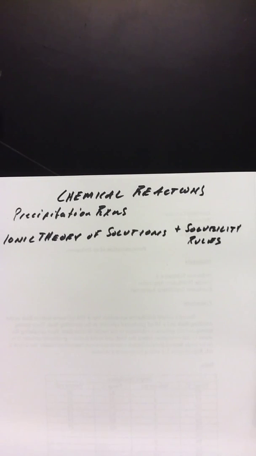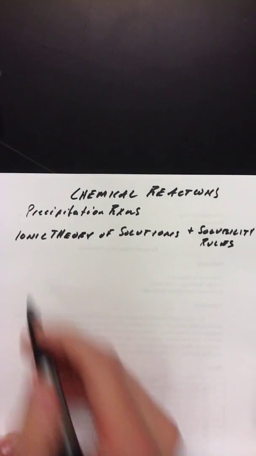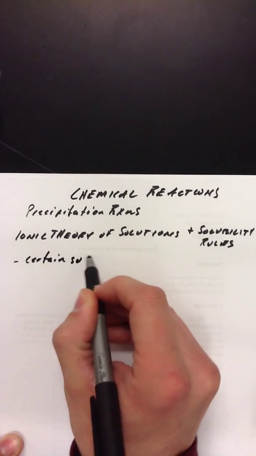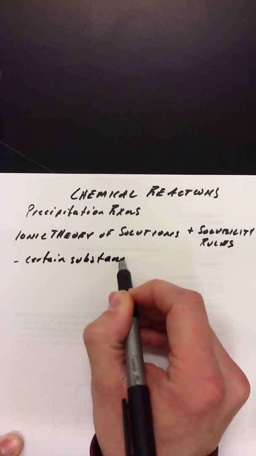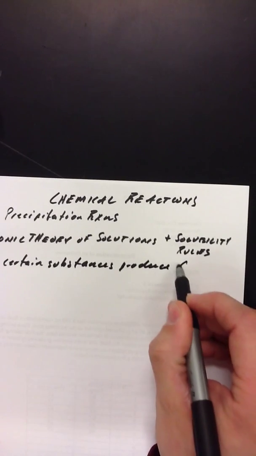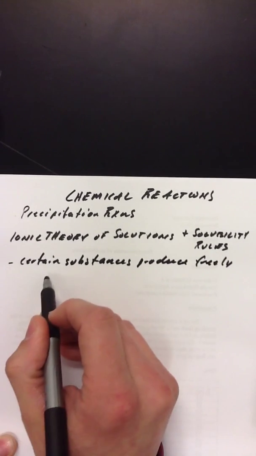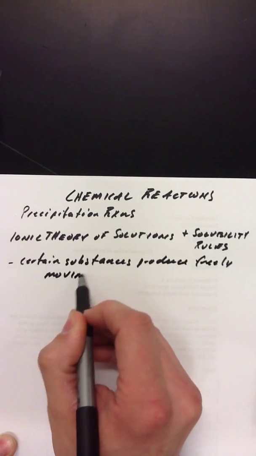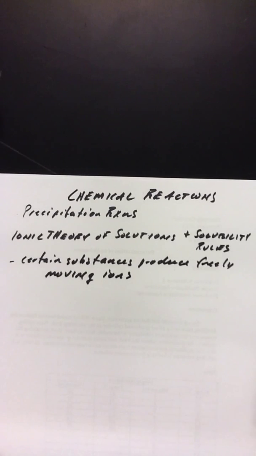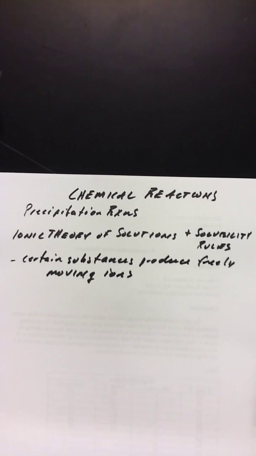He said that certain substances produce freely moving ions when they are dissolved in water. And these ions are the thing that is actually conducting an electrical current.